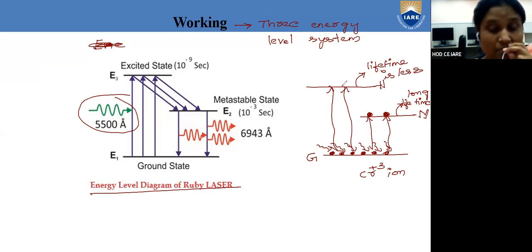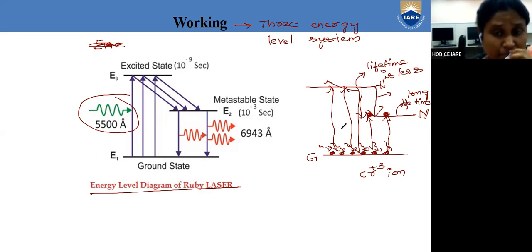Where an atom or electron in excited state, after its lifetime, loses its energy and comes down to ground state. So here transition of chromium ion takes place from higher state to metastable state as well as from higher state to ground state. This one is spontaneous emission, where ions are coming down after their lifetime.